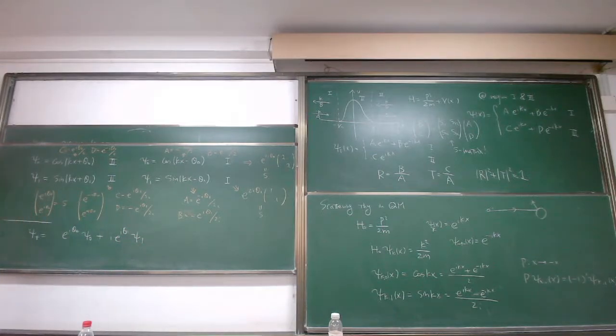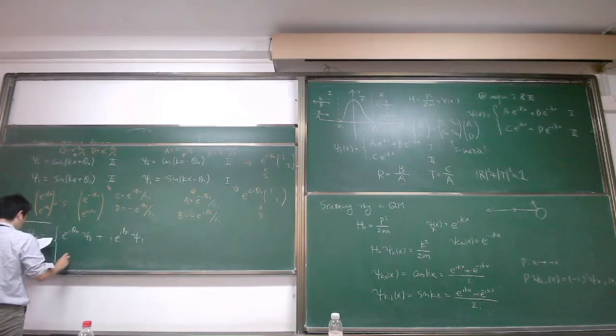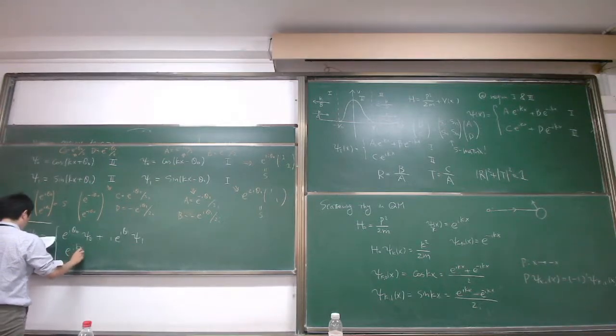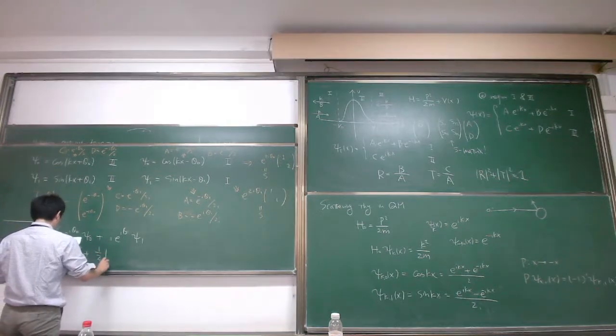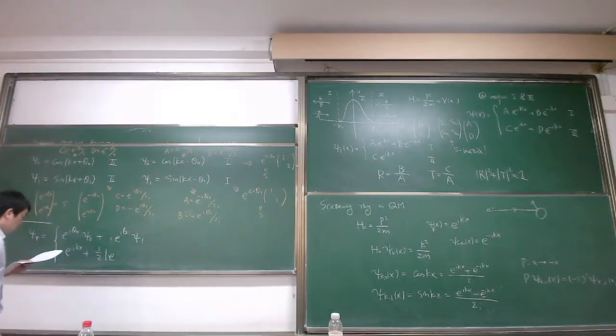So I just take this linear combination of psi naught and psi 1, and then here we take e to the ikx plus 1/2. Sorry, what am I doing? It's very strange.